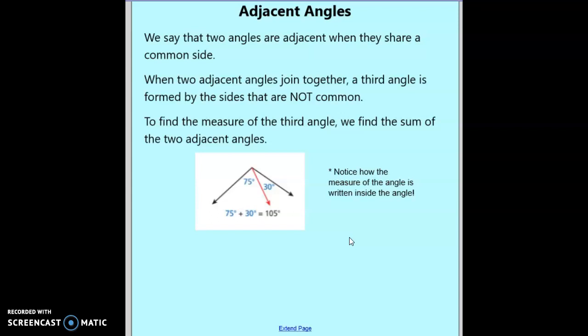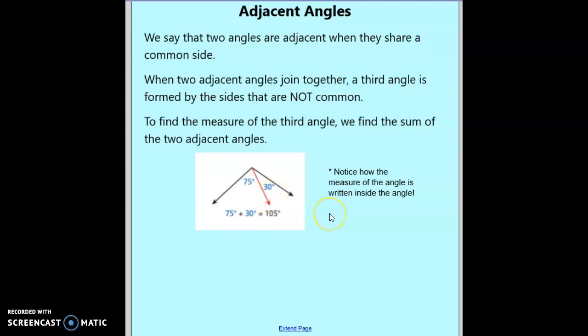So I don't need a protractor because they've given me enough information. Now, if they don't give me the information, I might need a protractor. But take a look at this. I know how big this angle is. From here to here, this is a 75-degree angle because it's written right here. They've measured it for me. This angle from here to here is 30 degrees.